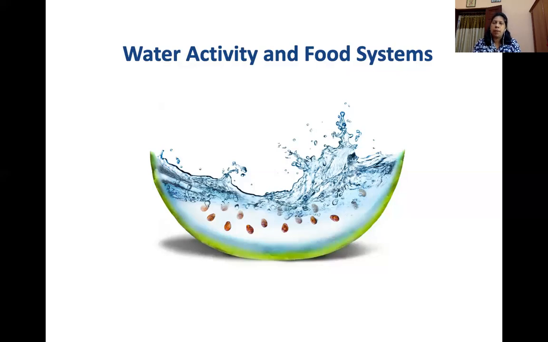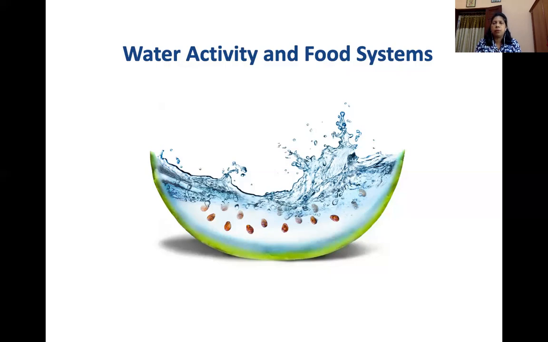Therefore, keep in mind water has two roles. One is to give us the message that this product is good, where good means from a sensory point of view as well as a safety point of view.